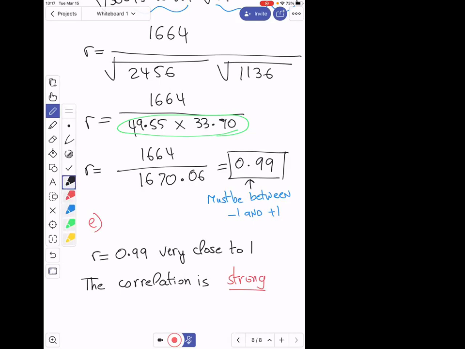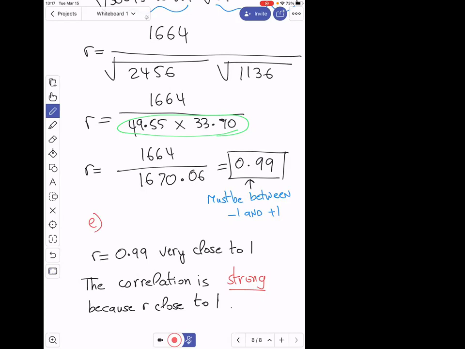Because again, R is close to 1. So if it's close to 1 or -1, then the correlation is strong. If it's close to 0, then the correlation is very low. Okay. And if it's close to half, 0.5, or close to -0.5, then the correlation is moderate, right?